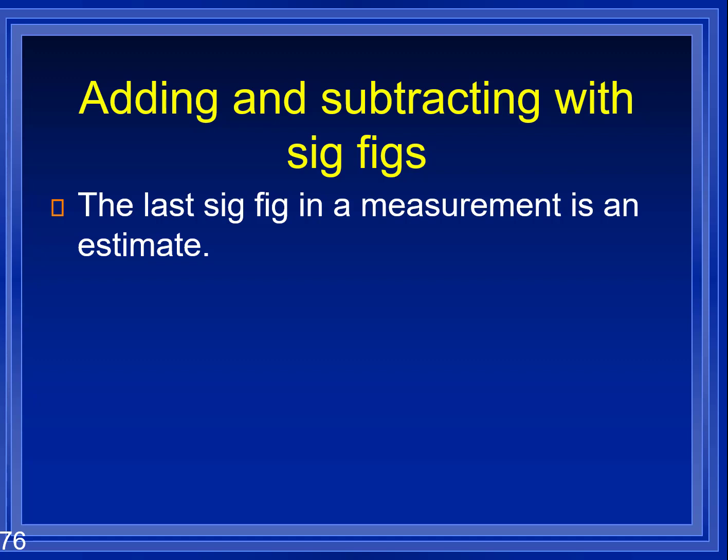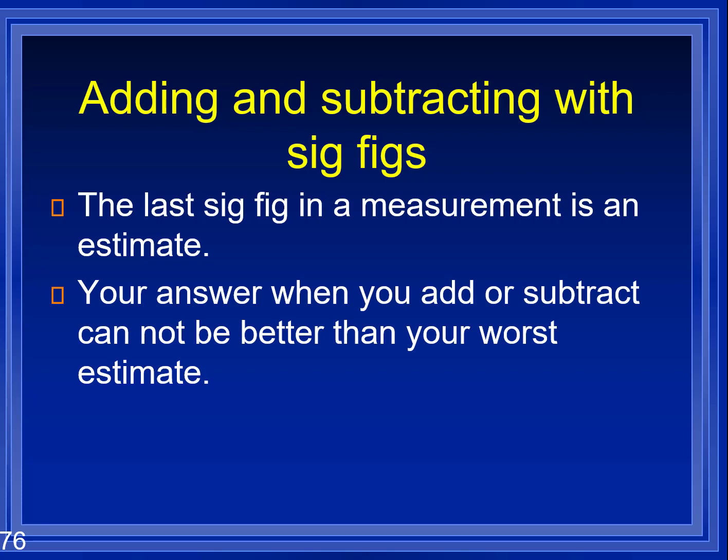So that's why it was important that you learn how to count them and figure out where the sig figs were in numbers last night. Right? Because you're finding the estimate. So your answer, when you add or subtract, can't be better than your worst estimate. I can't get a better answer by adding numbers than the measurements I started off with.